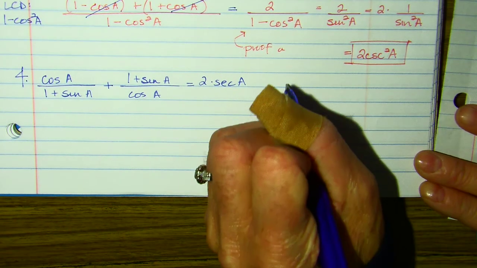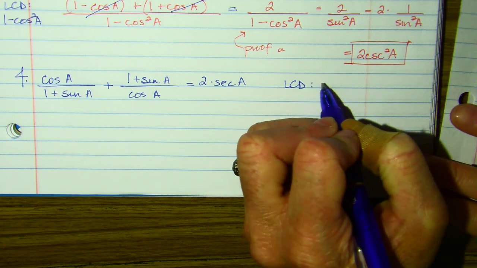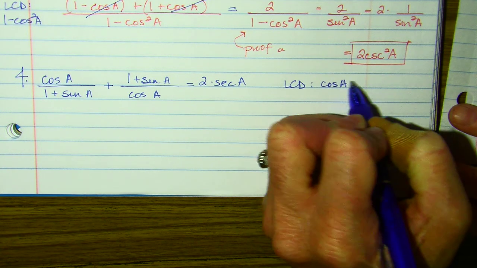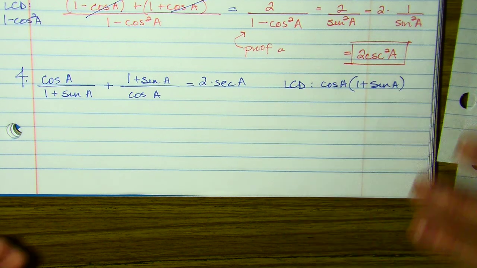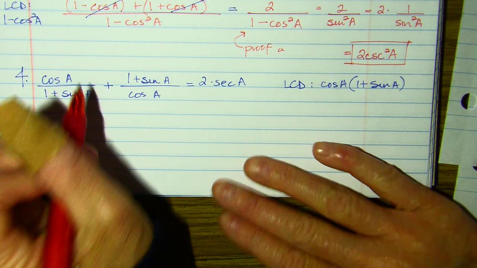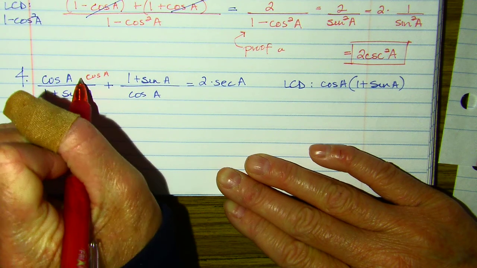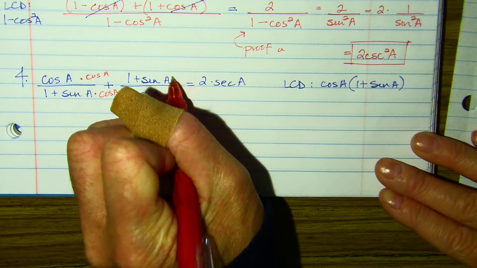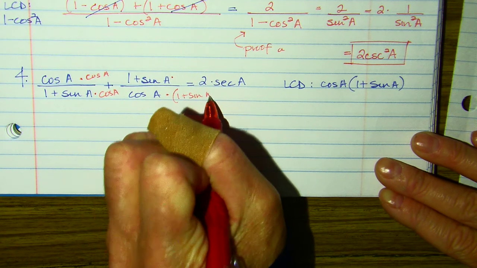My LCD here between these denominators would be cosine of A times 1 plus the sine of A. I would just simply multiply. So I would have to multiply the first by the cosine of A, and I'd have to multiply this next one by 1 plus the sine of A.